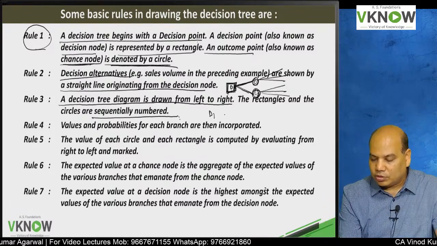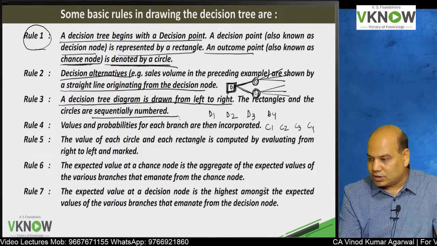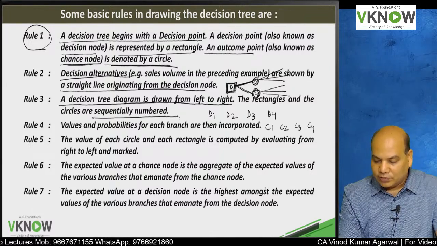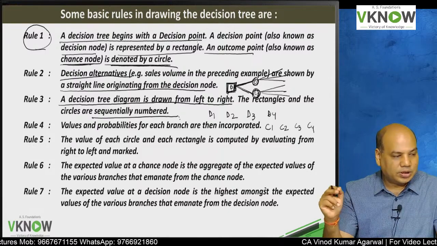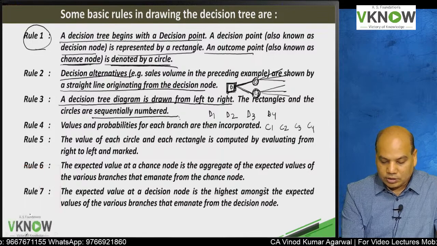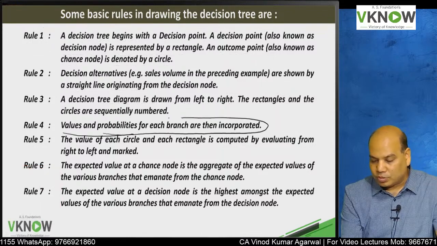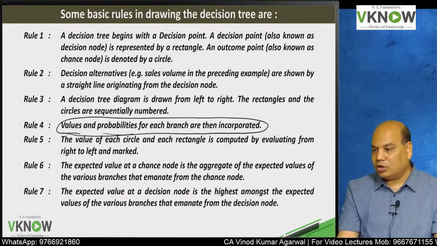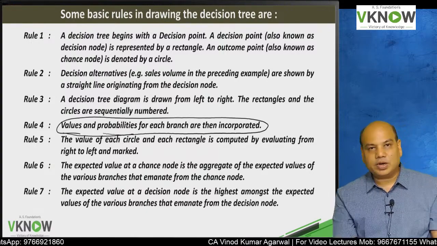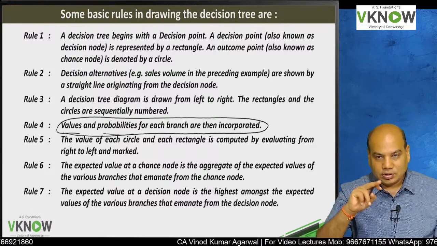Normally we will follow D1, D2, D3, D4 for decision nodes, and for chance or outcome nodes we will follow a similar sequence, but it is not a hard and fast rule. You can write A, B, C, D, E, F also. Then one thing which is easier in the problem, the institute will give you probabilities. Values and probabilities for each branch are incorporated.